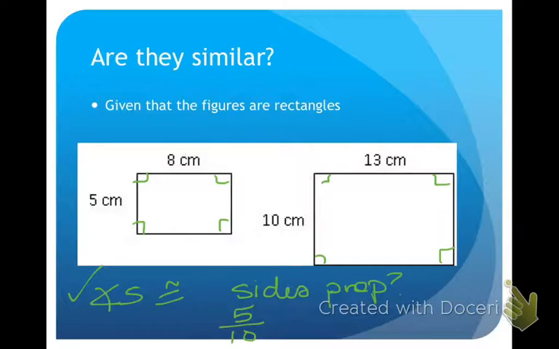And let's see if that's the same thing as taking 8 to 13. Well, 5/10 reduces to 1/2, but 8/13 doesn't. It would have to be 8/16. So this does not equal 1/2. Doesn't matter what it is, all I know is that the sides are not proportional. So, big fat no here.